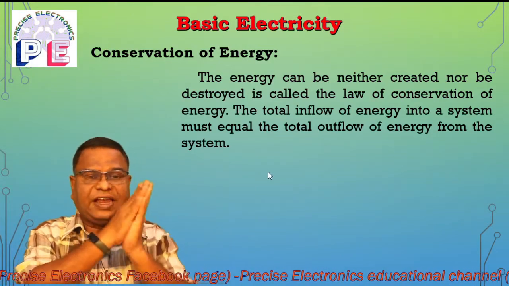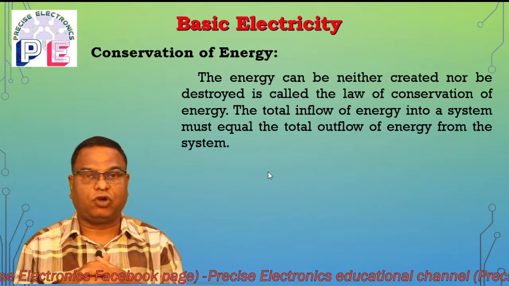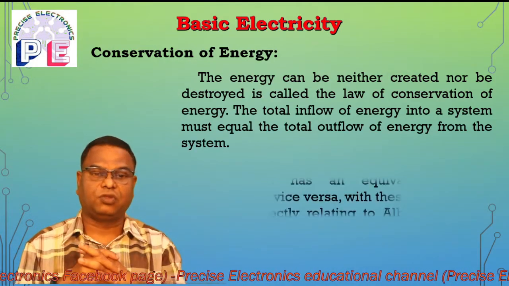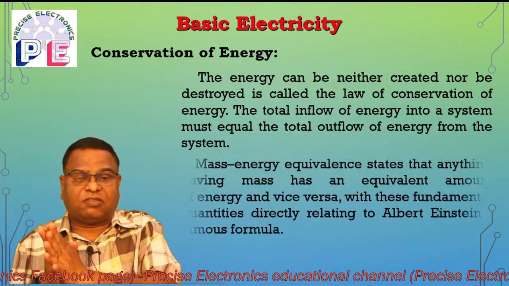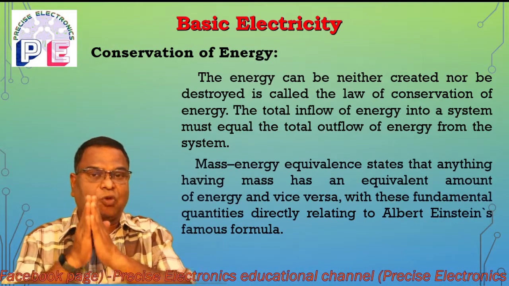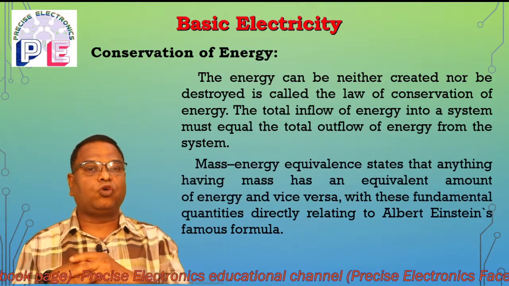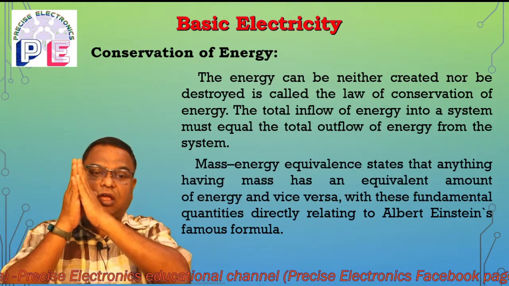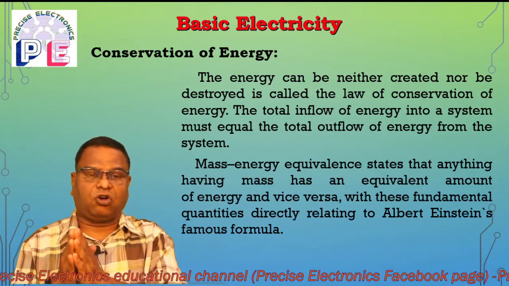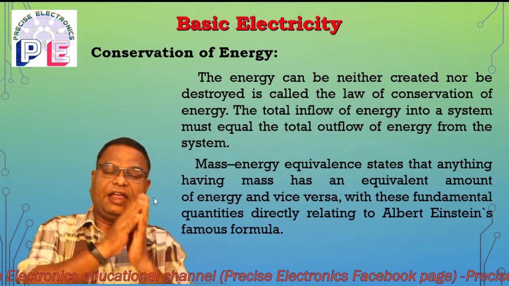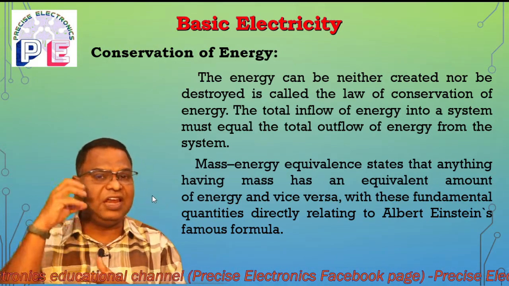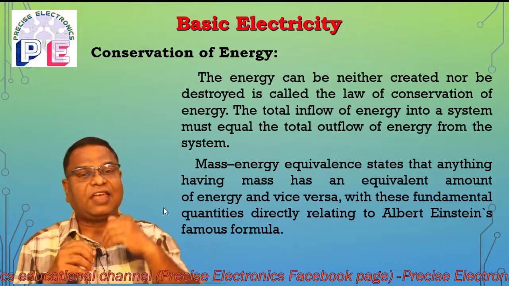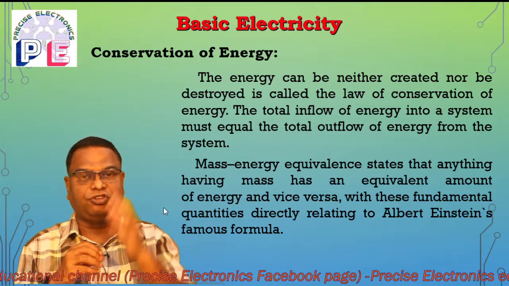Next, mass and energy equivalence. What is the relation between mass and energy? This mass and energy equivalence is known as Einstein's relation, Einstein equation. This equation states that anything having mass has an equal amount of energy.